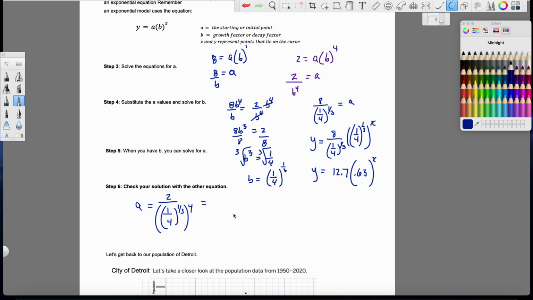So I'm just going to put that in my calculator. 2 divided by 1 divided by 4 raised to the 1/3, to the 4th, and this gives me 12.7. Good, that's what I wanted. Excellent. So here's my equation right there. 12.7 times 0.63 to the x power.